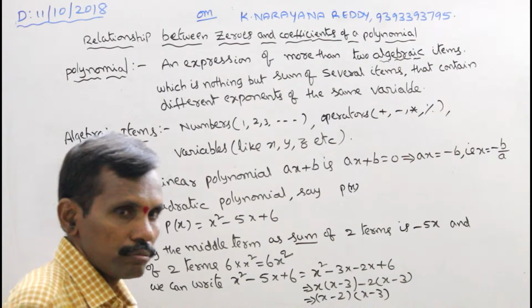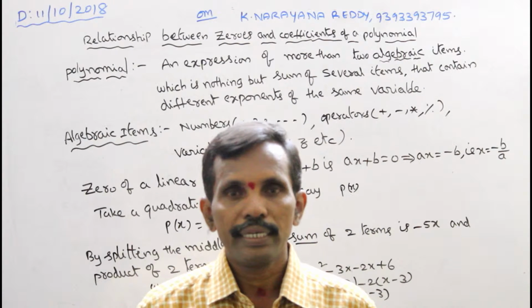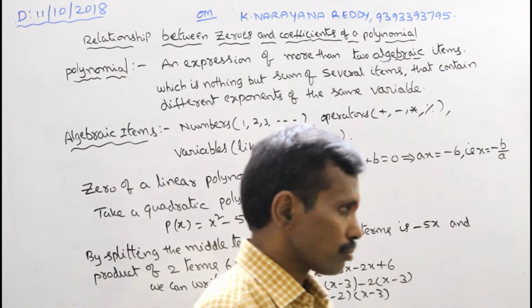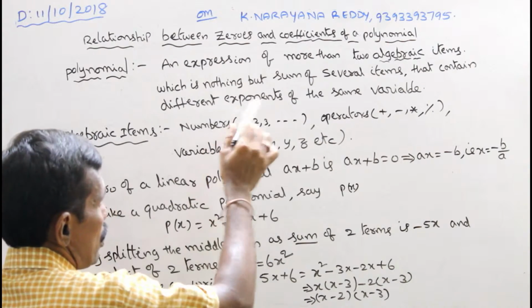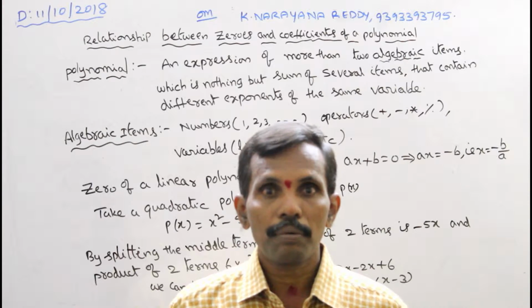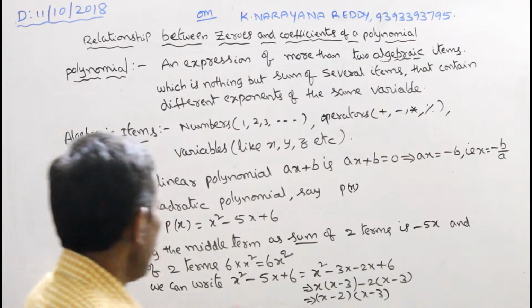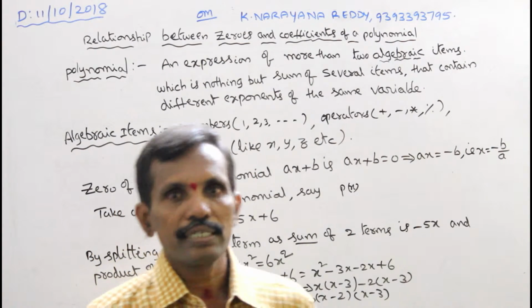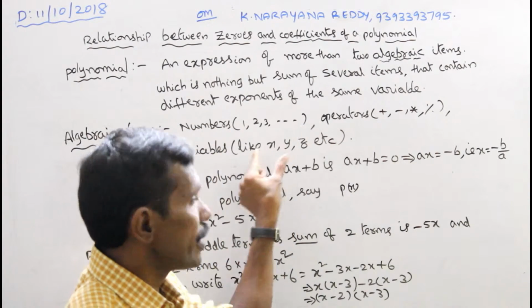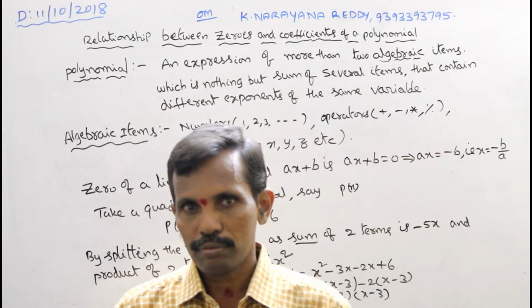Numbers: there are so many numbers, natural numbers, integers, and so on. Operators: addition, subtraction, multiplication, division. And variables like x, y, z, etc. So algebraic items are nothing but numbers, operators and variables.